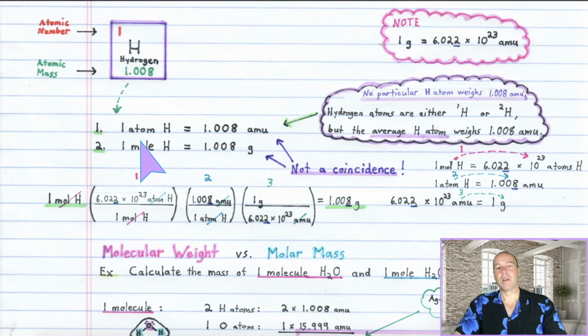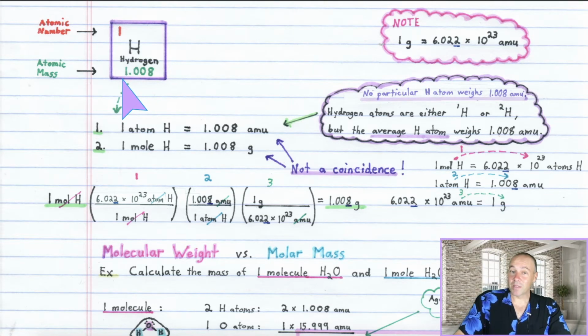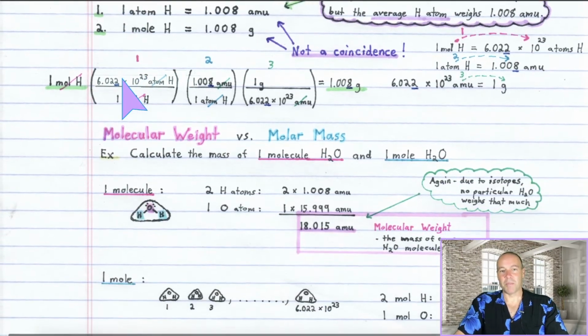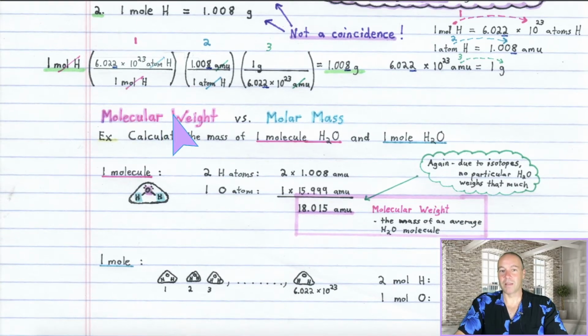Now, in chemistry, we deal with substances and compounds, and so we're more interested in the weight of molecules and the weight of moles of compounds. So let's talk about the relation between molecular weight and molar weight for substances. And as an example, let's calculate the mass of 1 molecule of water and also 1 mole of water.